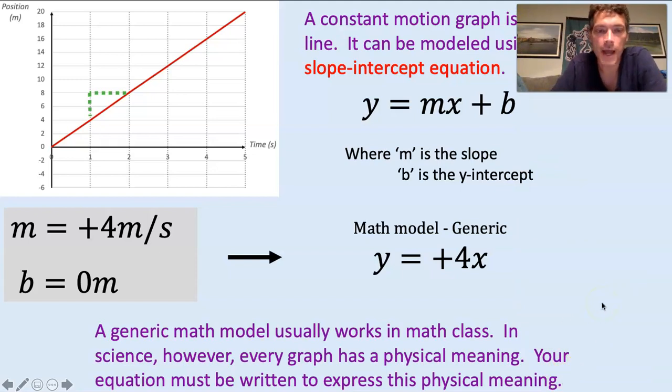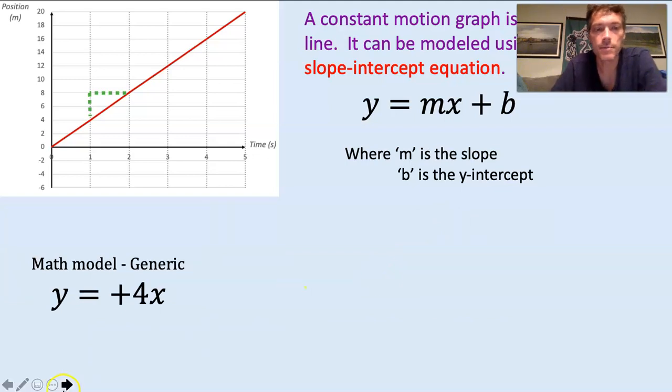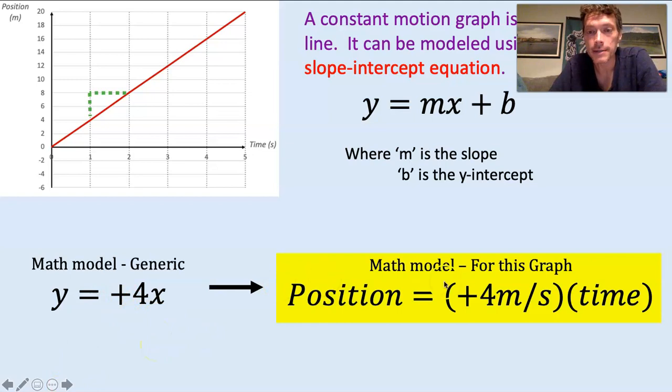The thing is, a generic math model usually works in math class. In science, however, every graph has a physical meaning. So this is a position time graph. We need to express this generic math equation in physical terms. And so I'm going to take that y equals positive 4x that we would see in math class, and I'm going to translate it.